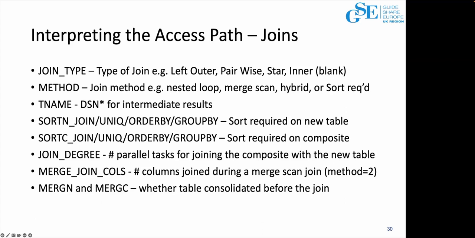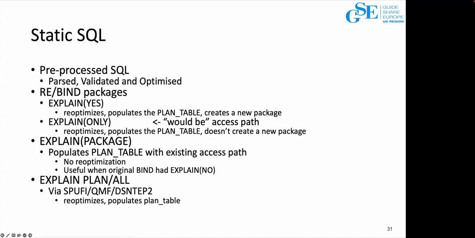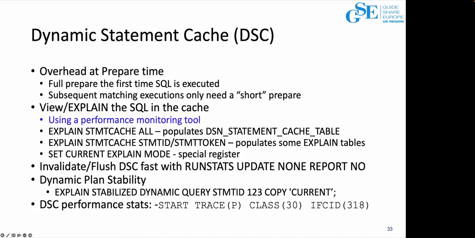I mentioned that there's lots of different places to look at things about joins. Here's just some of them, but because I'm running out of time, I'm going to skip forward a bit more. The dynamic statement cache. The purpose of the dynamic statement cache is to reduce the overheads associated with dynamic SQL compared with static SQL.